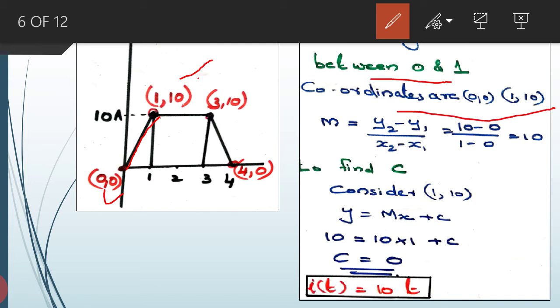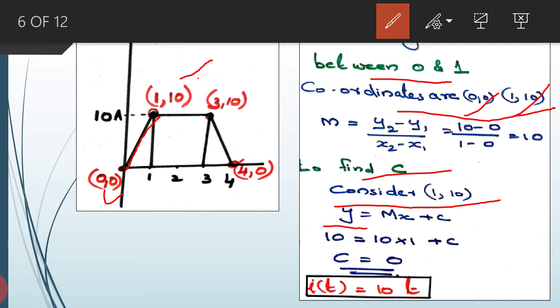So what is m? m is y2 minus y1 by x2 minus x1, that is 10. Then to find c, the y-intercept, we can consider any of these coordinates, 0, 0 or 1, 10.